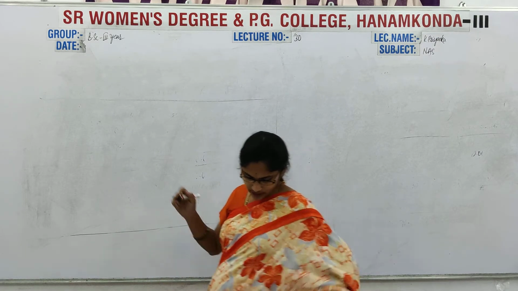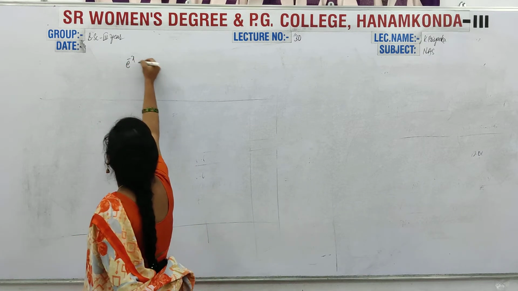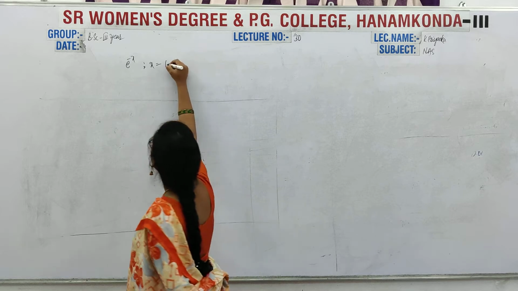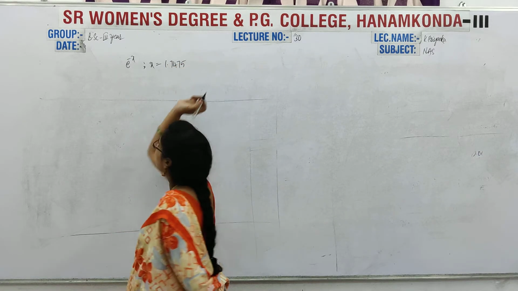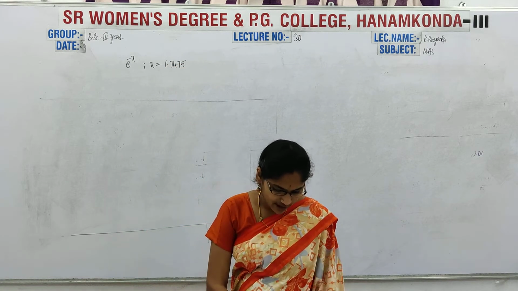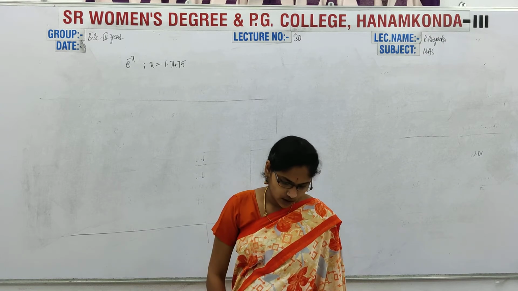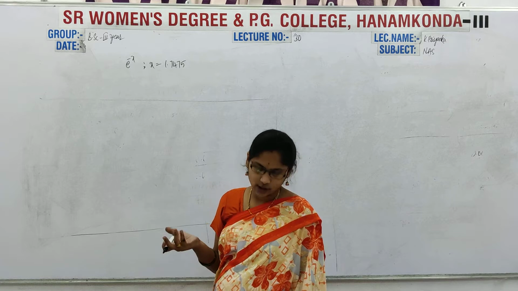Find the value of e power minus x when x equal to 1.7475. Okay, so here they didn't mention any method, so that is your wish.